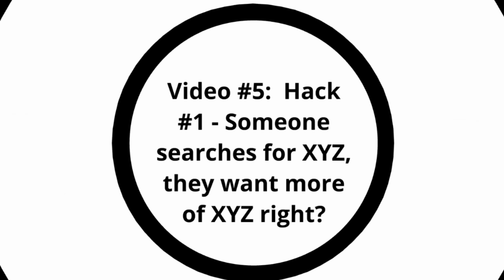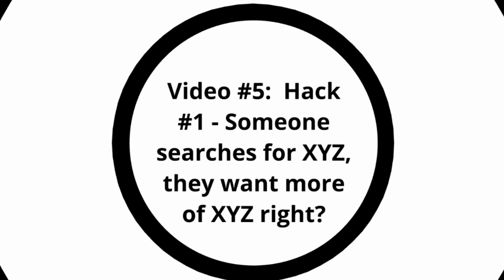Video number 5 is when we start to talk about the hacks. Videos 5, 6, and 7 will be hacks 1, 2, and 3. Hack number 1 is all about this. When somebody comes to your website and everything is fast loading, they think, okay, I'm searching for something specific.